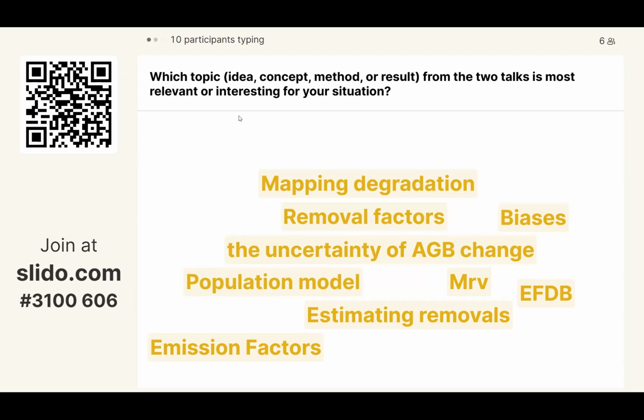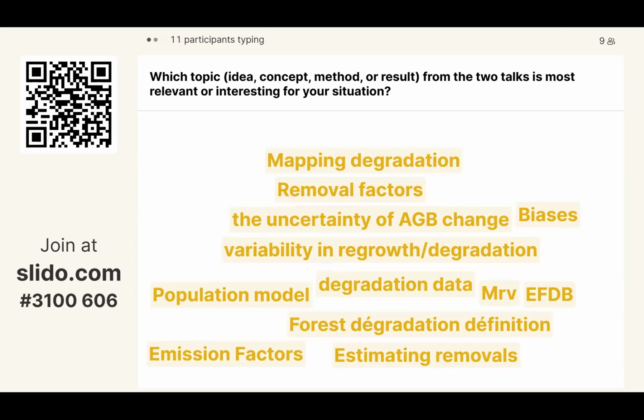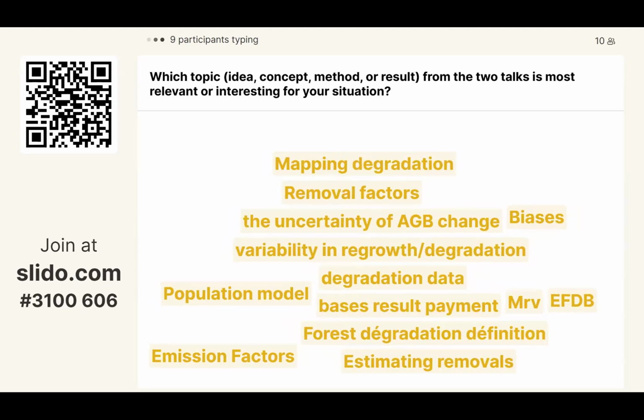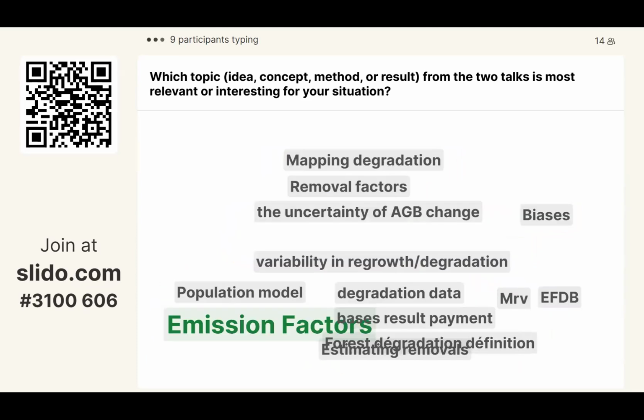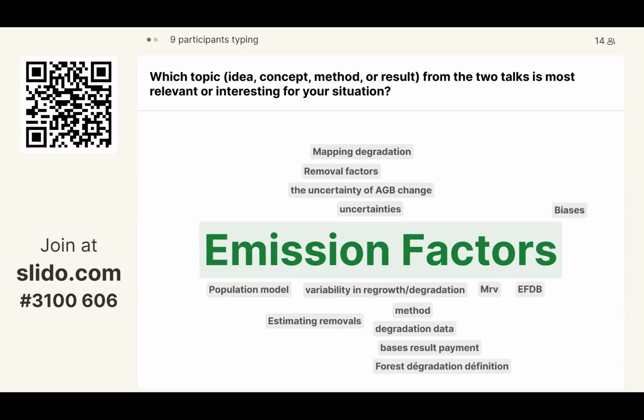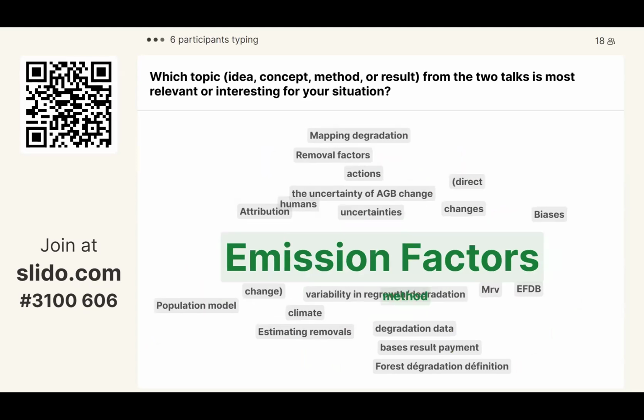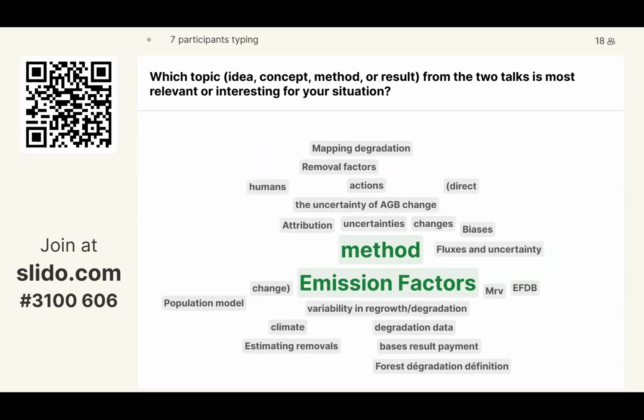All right, our word cloud is forming. Uncertainty of above ground biomass and a change. A lot of emission factors, and some people want it in the emission factor database. Oh, well, there you go. Emission factors is the central theme here. The methodology.